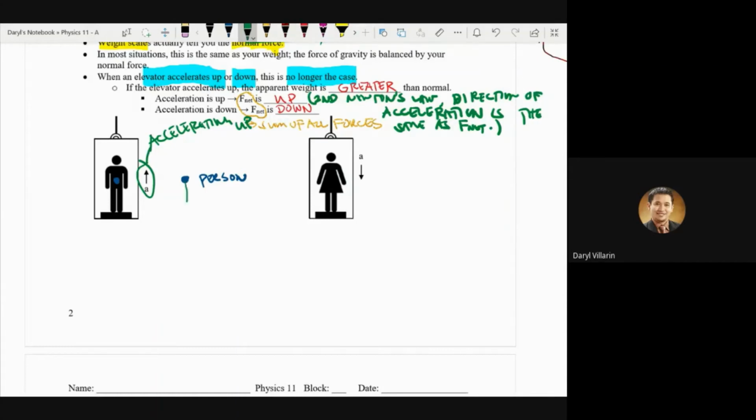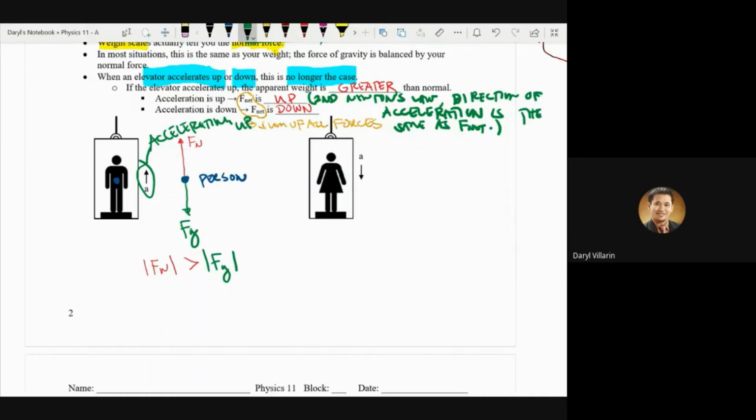One will always be gravity, that is Fg. The other one is the normal force. But in this case, since the net force is up, if you're accelerating upward, I would expect that the normal force is bigger. So the magnitude of Fn is bigger than the magnitude of my Fg.